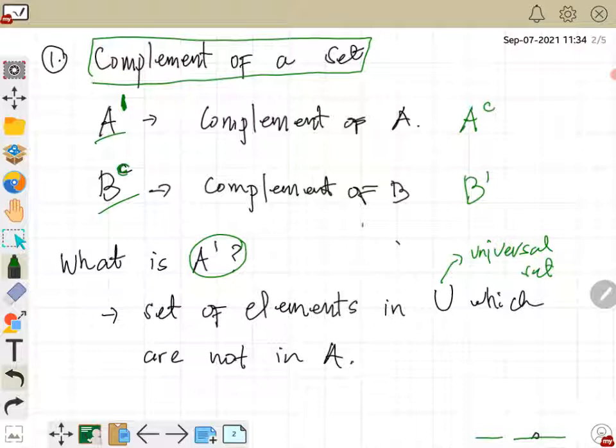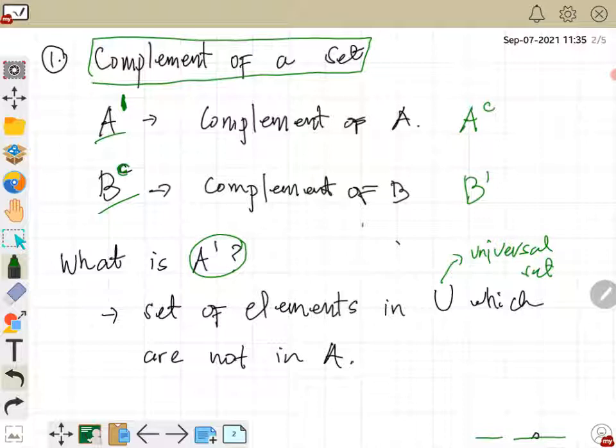Suppose we have a universal set, and part of that universal set is set A and set B. Whatever limit applies to the universal set also applies to set A and set B. In layman's terms, if the universal set is limited only up to 20, set A must also be limited up to 20, and set B must also be limited up to 20.